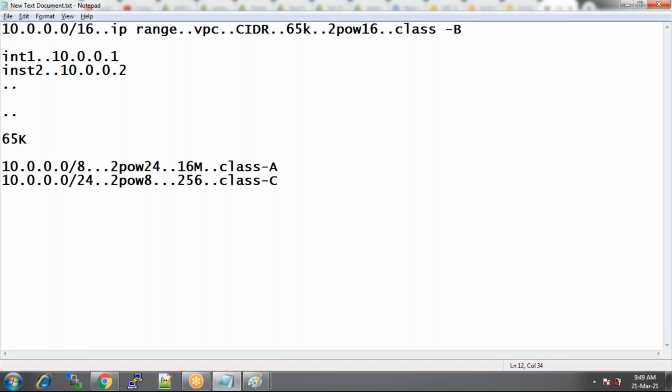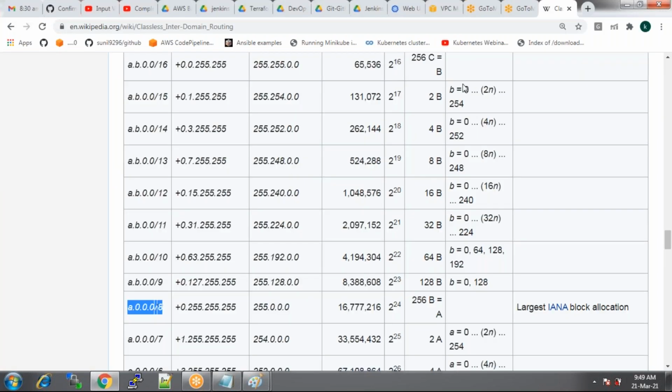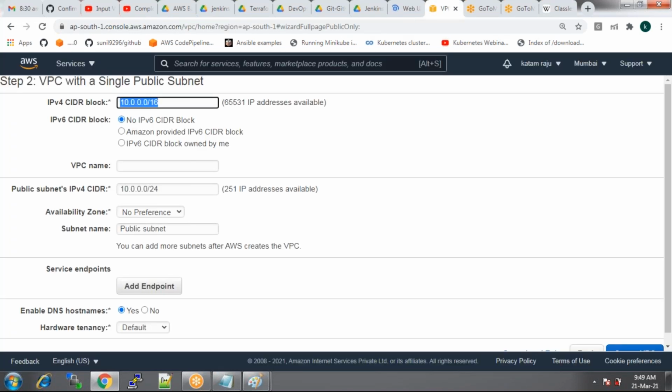So what kind of class types does AWS support? AWS does not support class A type. AWS supports class B as well as class C range. So just look here.